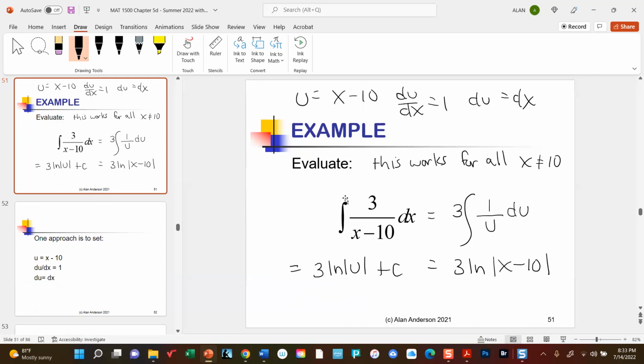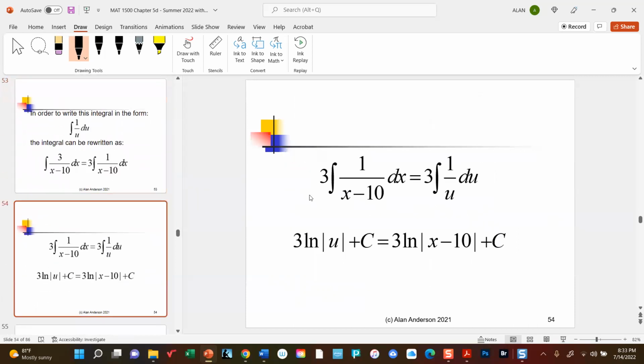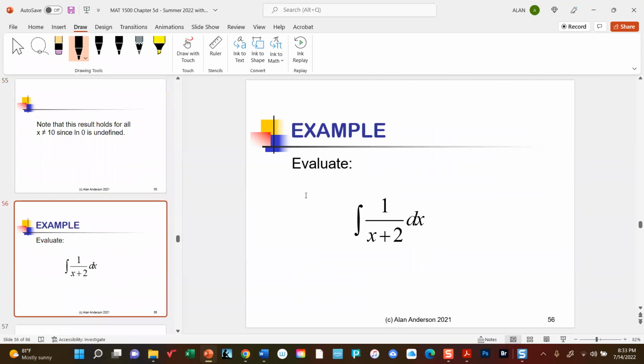All right, what about this one? Oh, what about this one? What are we supposed to do? Now, of course, there could be other options here, but let's just try u equals x plus 2. Because then du dx is 1 and du equals dx.